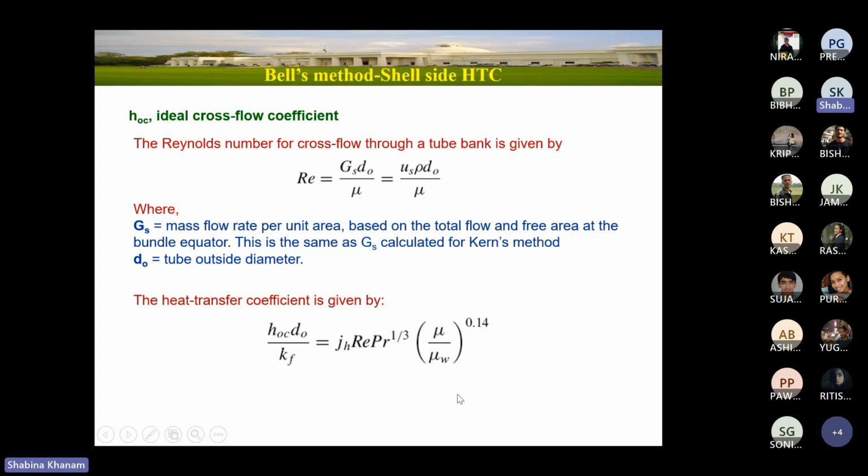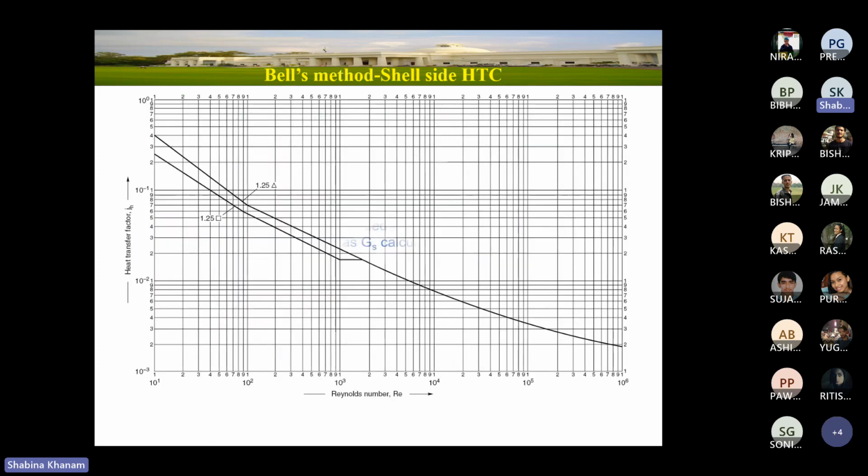For JH, the heat transfer factor, you can use this graph to find this JH depending upon the Reynolds number. Each type of problem has its respective graph to see the correct value of the factors.